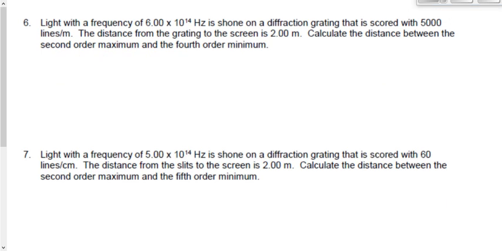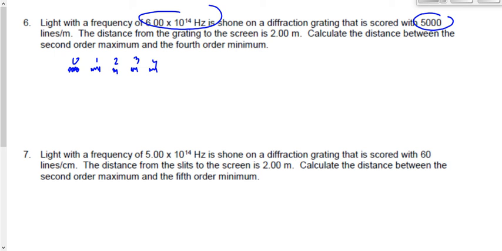Number 6 is virtually identical, so we're actually going to skip going over it, but I do want to point out one thing. You have to convert to D and to lambda the same way as in question number 5. The thing to be careful of here is the value of n. Central maximum, first, second, third, fourth maximum.